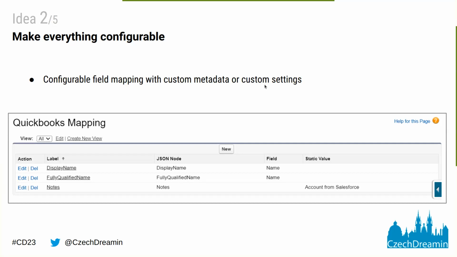In this case, you can see that we're mapping the name field into the display name fully qualified name when generating a customer in QuickBooks. And then I also have a static value that I can send through if I don't need to map something specifically.